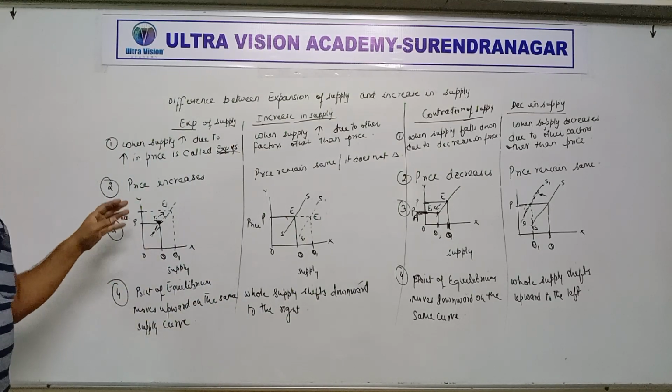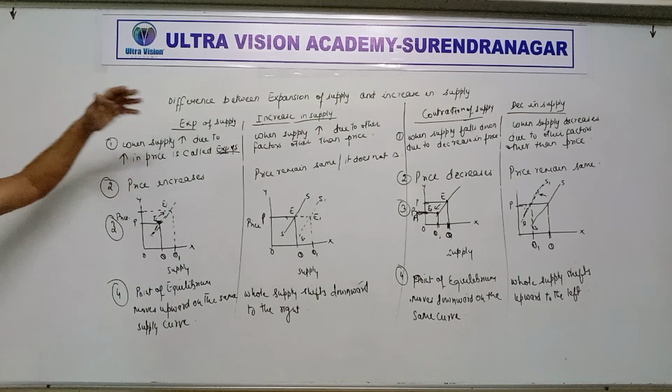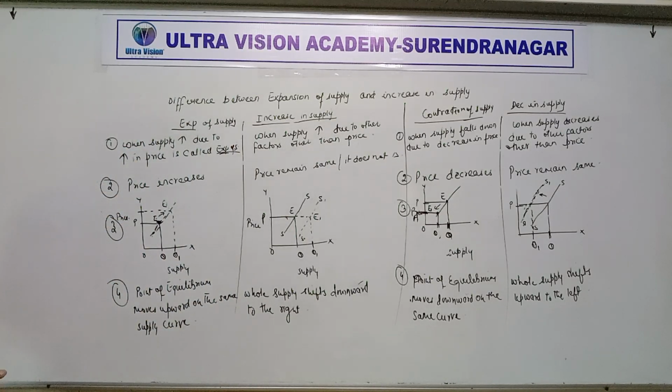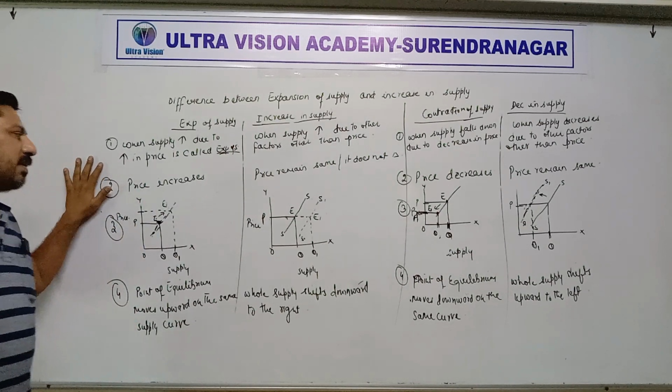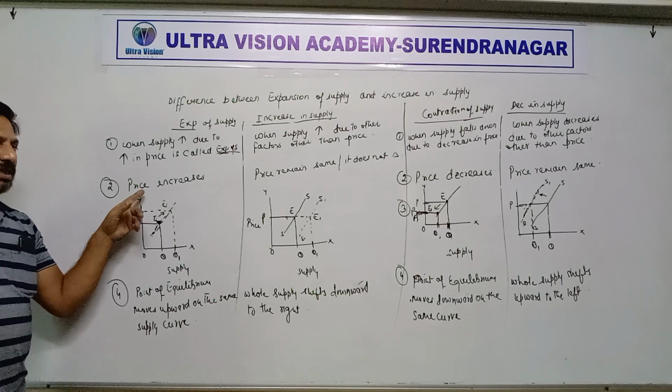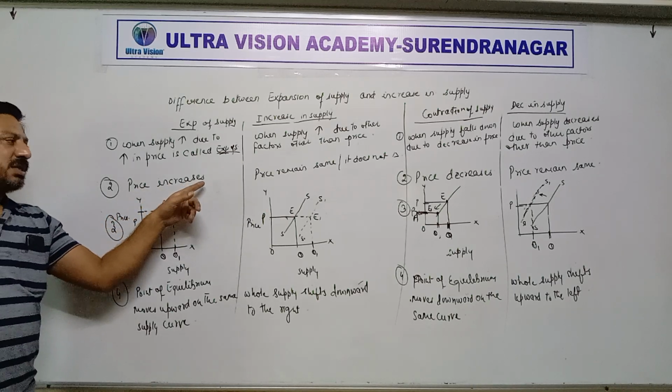So in case of expansion and increase in supply, once again, when supply increases due to increase in price, that is called expansion of supply. In case of increase in supply, supply increases due to other factors other than price. In case of expansion of supply, only price increases, other factors remain same.